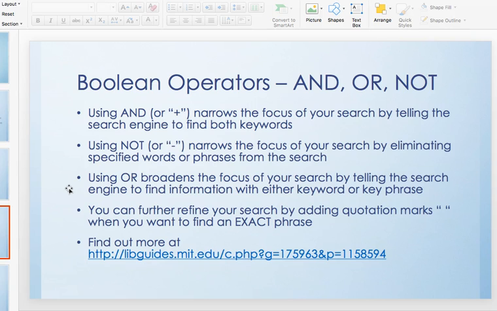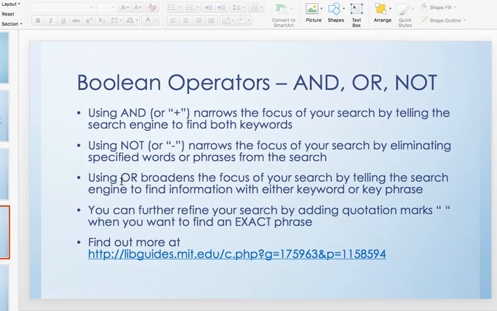For example, we can search for euthanasia cases in the United States, not in the South. You can also use or to broaden the focus of your search by telling the search engine to find information with either keyword or key phrase.